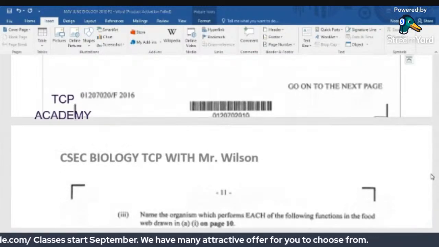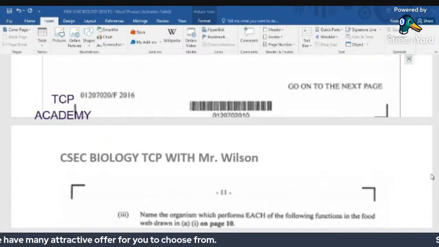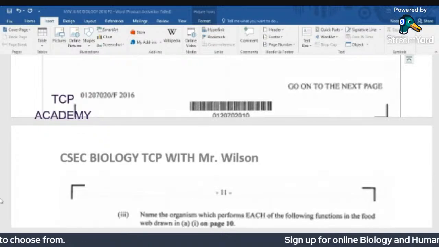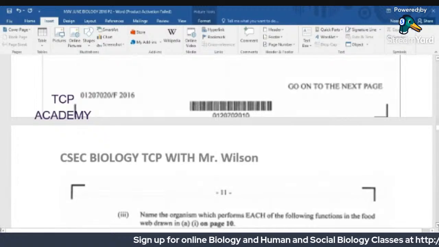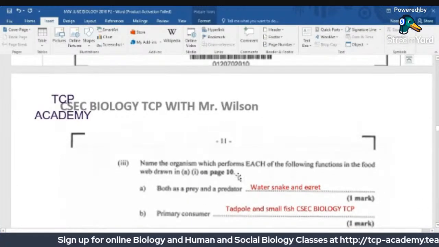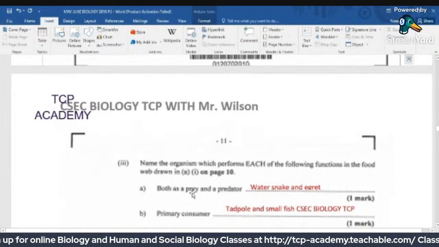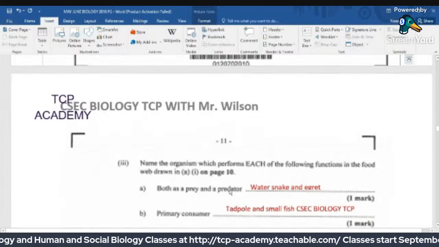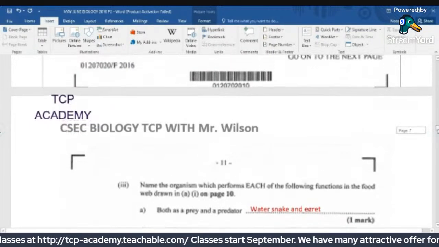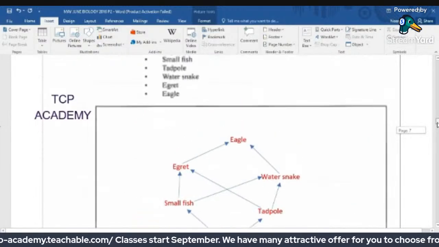Name the organism which performs each of the following functions in the food web. (a)(iii), you'll see that. So let us look at what is happening here. For the first thing, we want to look at an organism that is both a predator and a prey, or a prey and a predator. Now let us look at how that is represented in the food web.